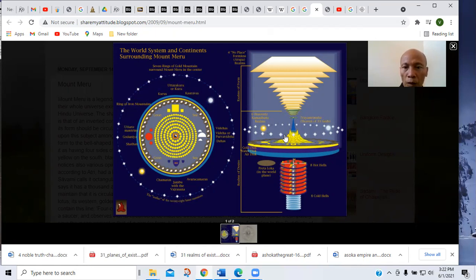And here are the gods of desire, the six heavenly desire realms right here. And up here are the celestial gods in the form realms, and the formless realm is on the top.